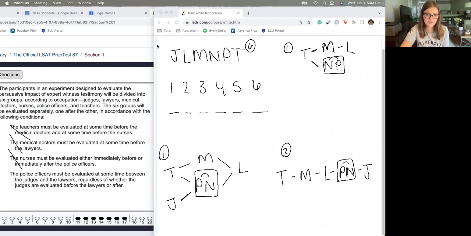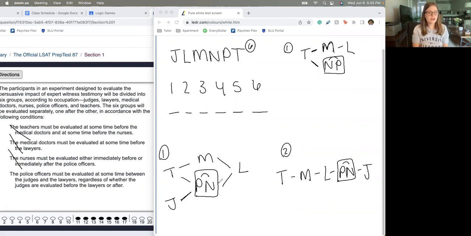The reason why I say you don't need to is because if we read this correctly, we can actually figure out some of the spots that they go in. And that's what I do when I have these tree diagrams like this, where I have things spouting off of each other. We are sharks, we don't turn around.